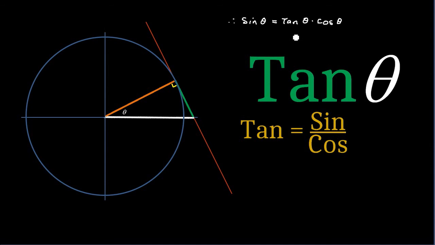If we want to think of what's the cos of theta then, in terms of the other two trigonometric ratios, if we rearrange again, in other words, by dividing this through by tan, then the cos of theta has got to equal the sine theta divided by tan theta. So as long as you remember tan theta equals sine over cos theta, you can also find out what sine theta and cos theta is.